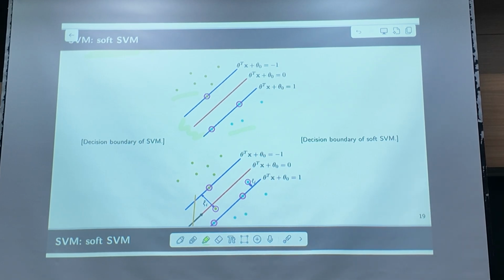By the way, I want to define functional margin. Let me just rewrite this thing.